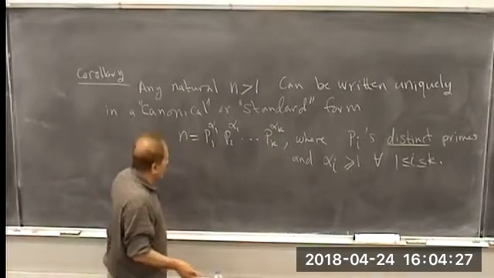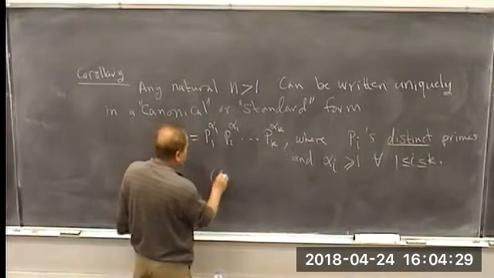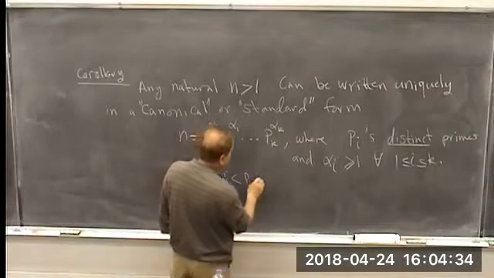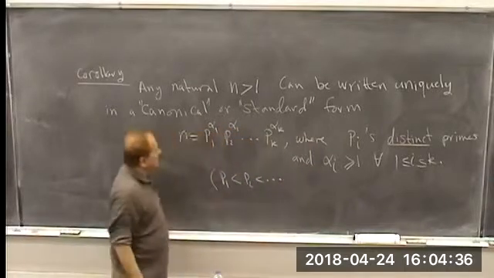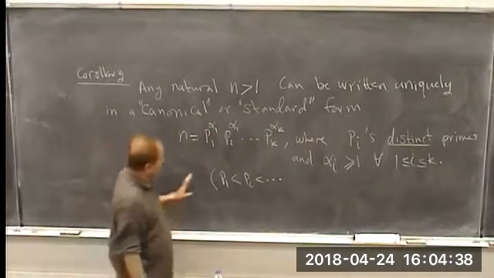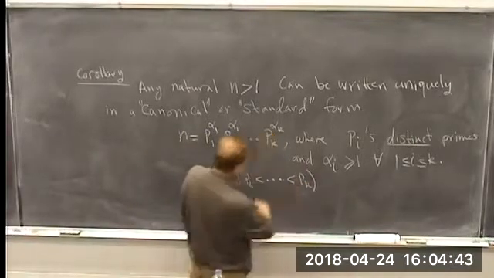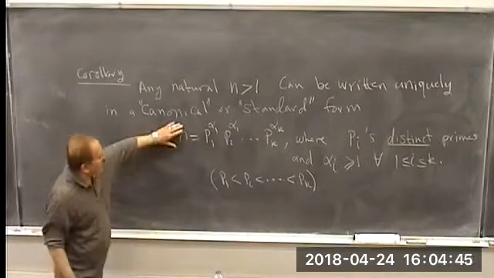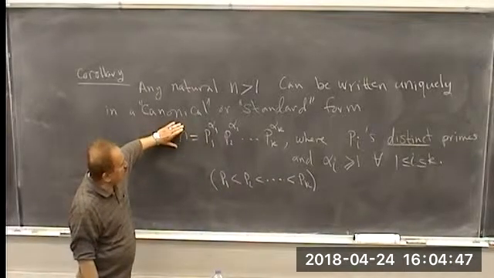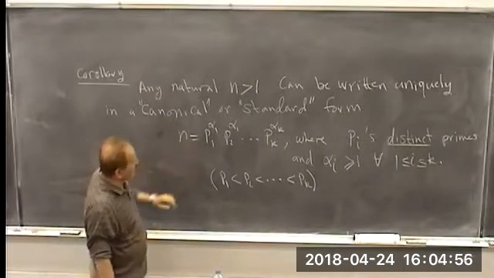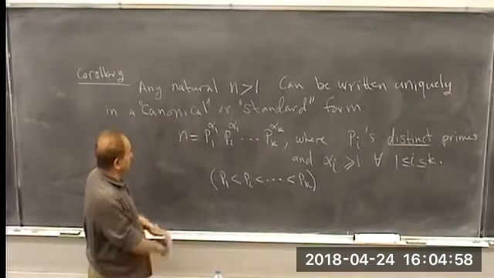And in general, we usually take the P's to be listed in increasing order, so starting with P1 being the smallest up to PK, with no equality between these. We call writing n in this form the standard factorization, or canonical form.